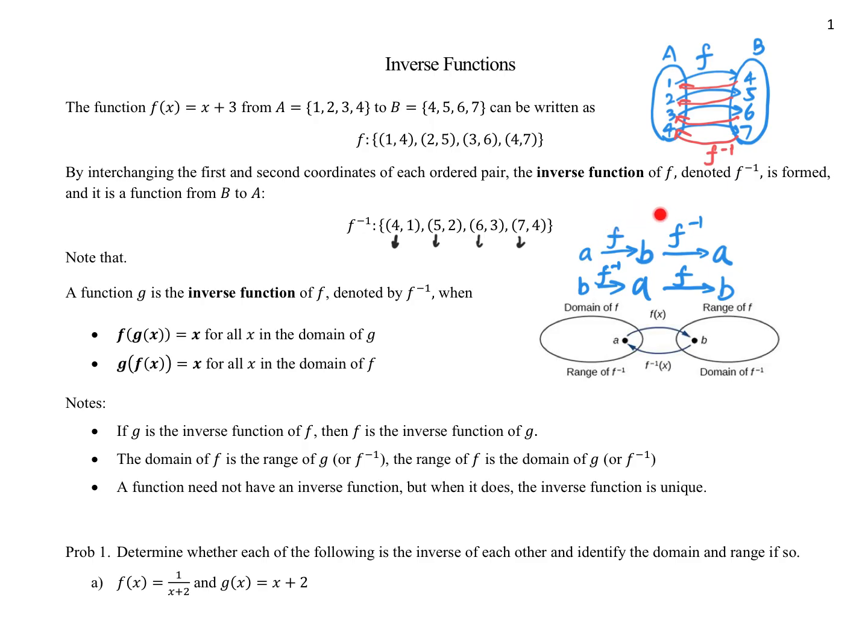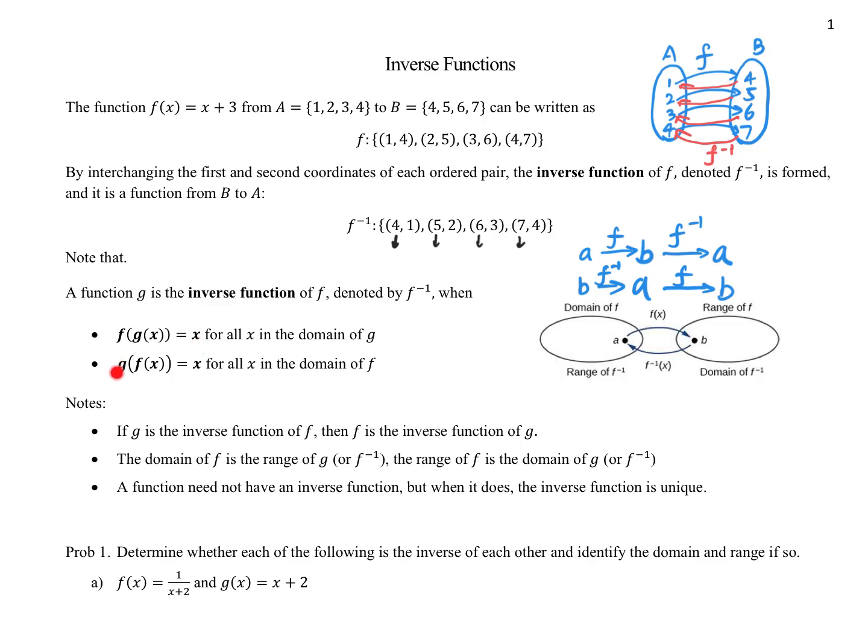So basically you recover that. Therefore, this is actually the definition. A function g is the inverse function of f, denoted by f inverse, when f of g of x is equal to x. So f undoes the inverse. So you recover the x.